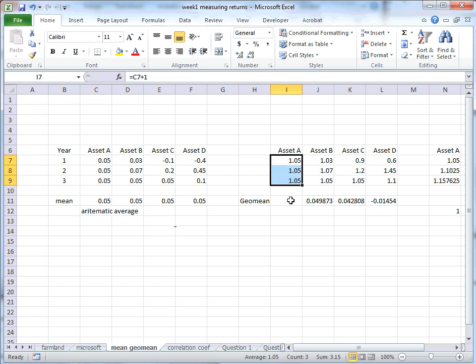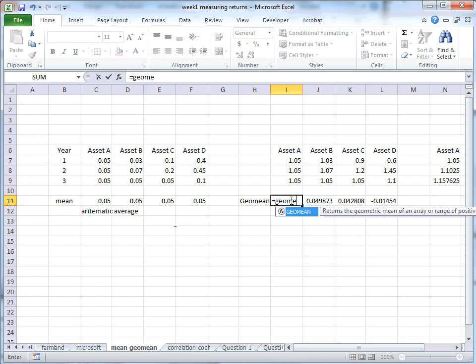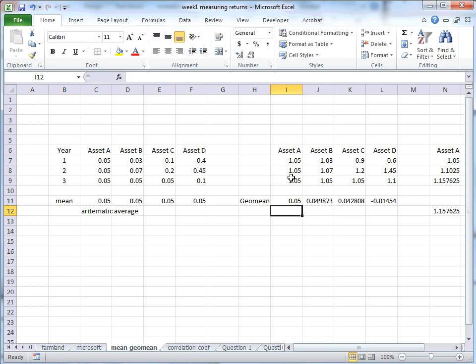Alright, so we have these. Come over here, calculate the geomean, and subtract 1. Let me put these geomeans over here, so we can do a comparison.